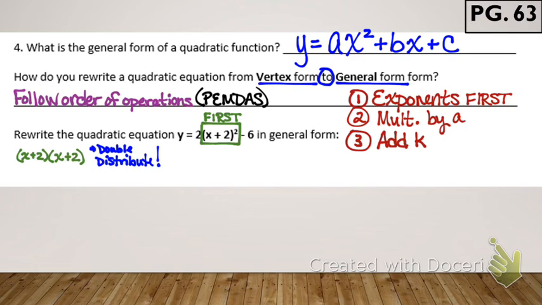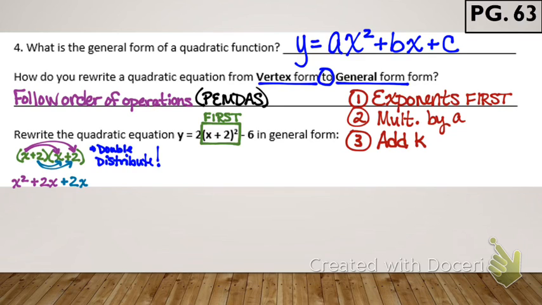So first I take the x and I multiply it to each piece. What is x times x? X squared. What is x times 2? 2x. So I have x squared plus 2x when I do that distribution. And then I'm going to take the 2 and distribute it to both pieces. So what's 2 times x? 2x.